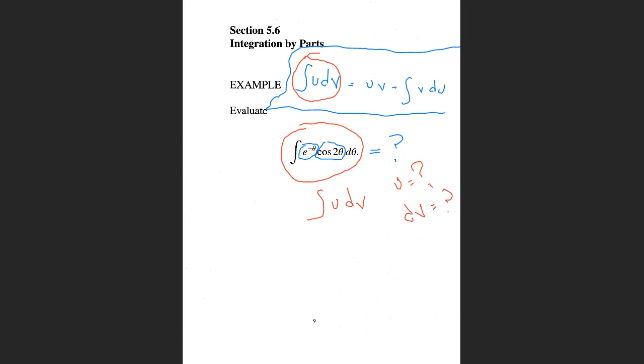You can select u and dv, and if the integral isn't becoming easier to integrate, then you've got to choose something else. In this case, we're going to let u equal the cosine of 2 theta and dv equal e to the negative theta d theta. That's going to be our choice for u and dv.